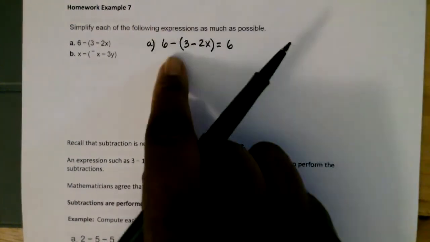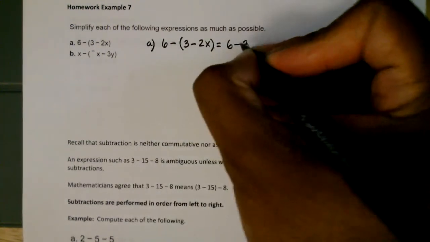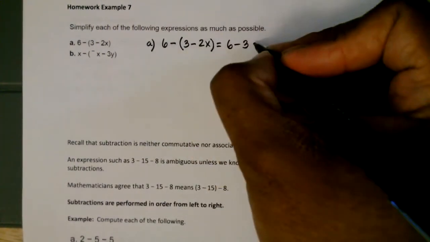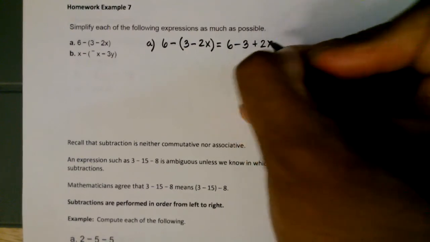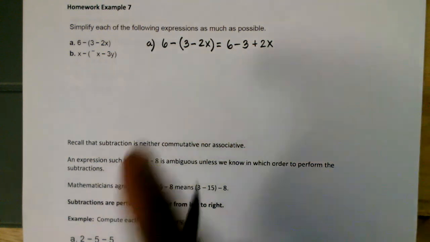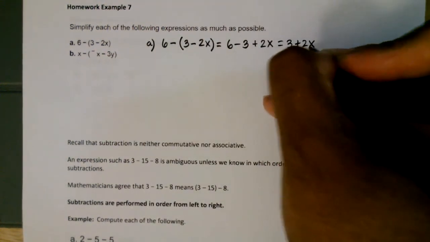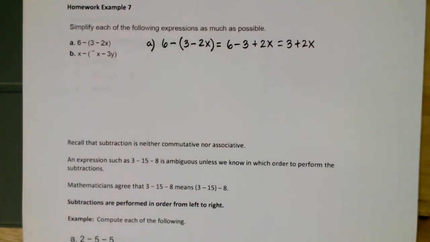Bring over the 6. Then minus would be the opposite of 3, which is minus 3. And then the opposite of minus 2x would be plus 2x, if it's easier to do it that way. And now, if we do 6 minus 3, that would be 3 plus 2x. And that's as far as we can go with that problem.